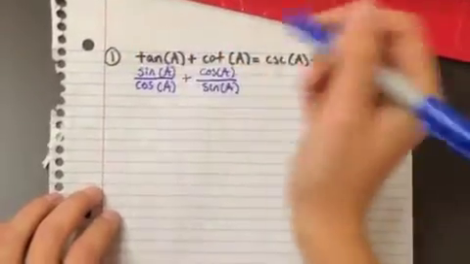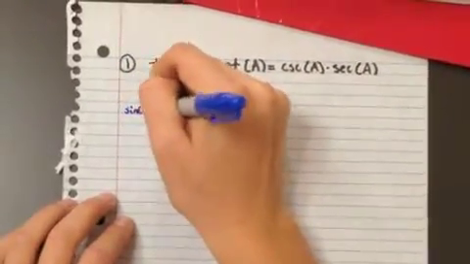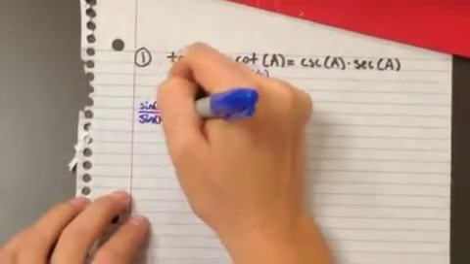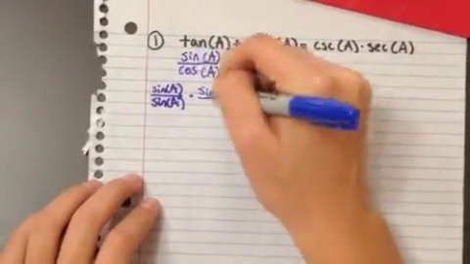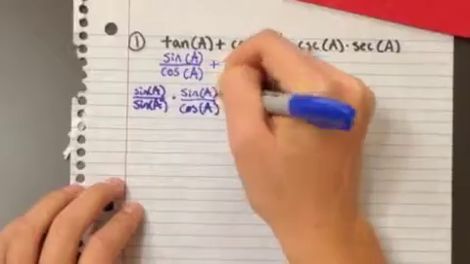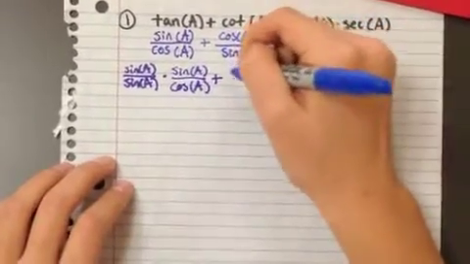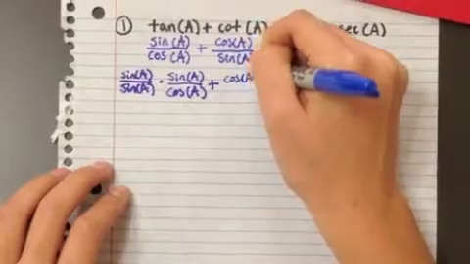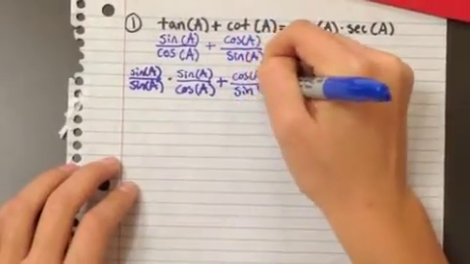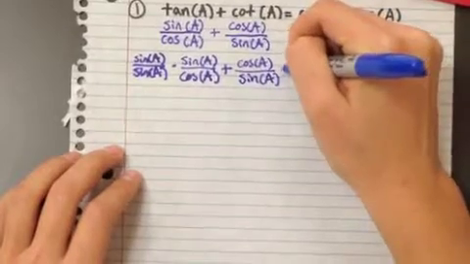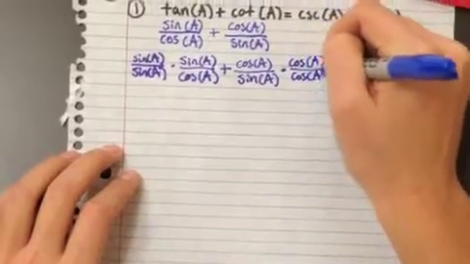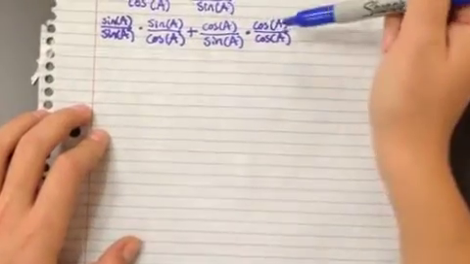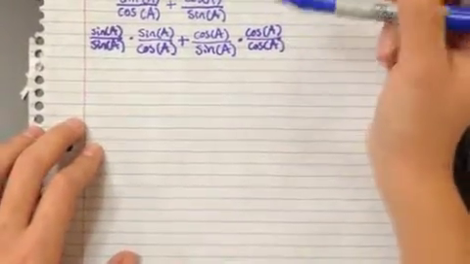So I multiplied sine of A over sine of A times sine of A over cosine of A, and multiplied this part, cosine of A over sine of A, by cosine of A over cosine of A. We're allowed to do this because sine of A over sine of A is equal to 1, and same with cosine of A over cosine of A.